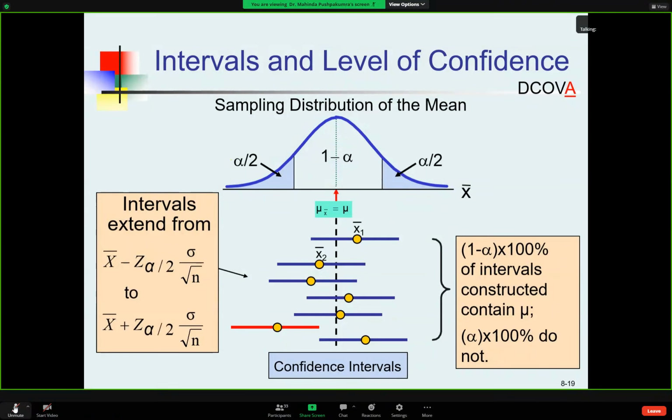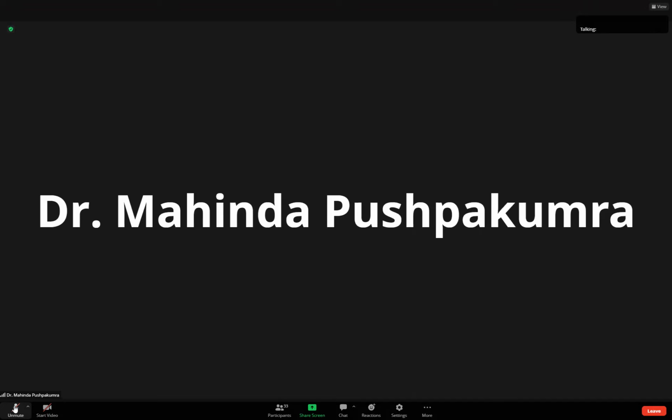Okay, then we will move to our example. I will download it into Excel, okay?